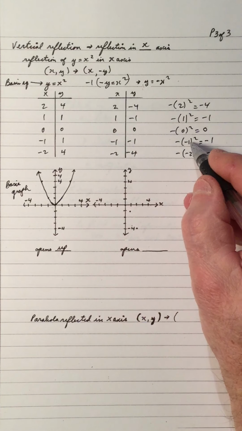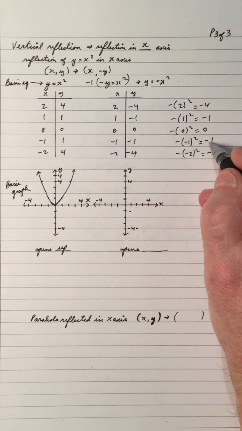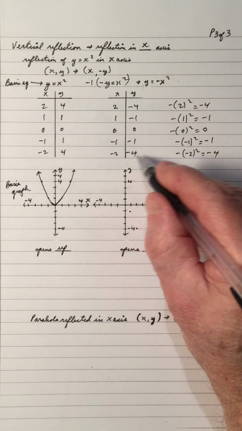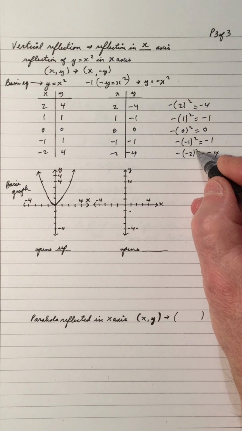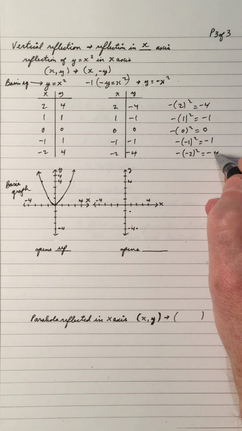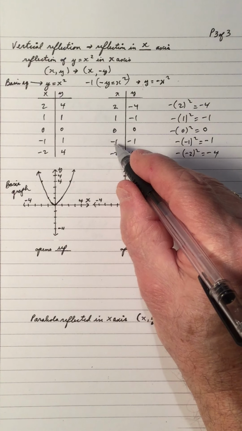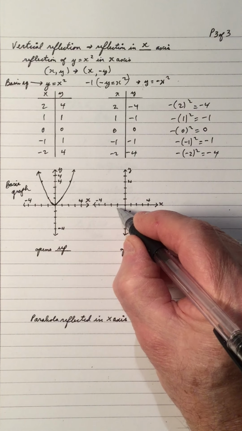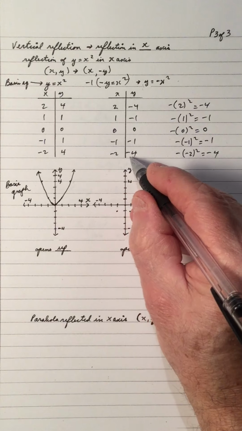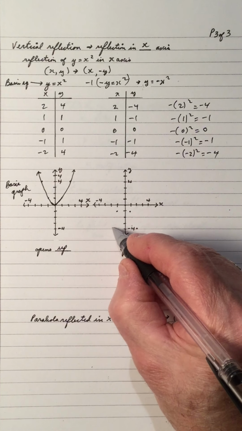When you take the negative 1 and square it and do the negative, you get negative 1. Same with the negative 2. Square negative 2, you get a 4. The negative of 4 is negative 4. So x is negative 1, y is negative 1. X is negative 2, y is negative 4.